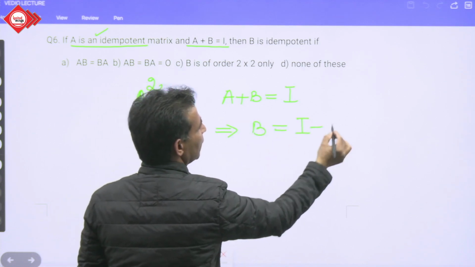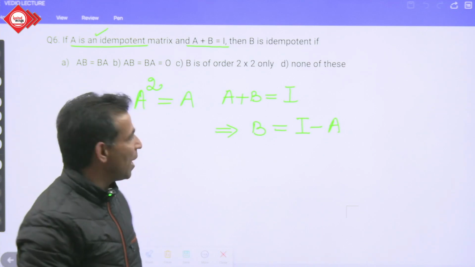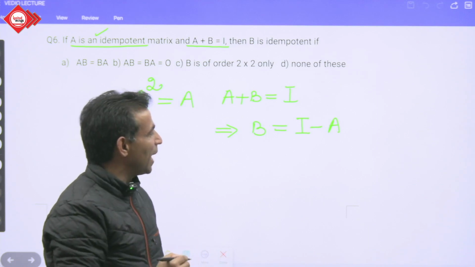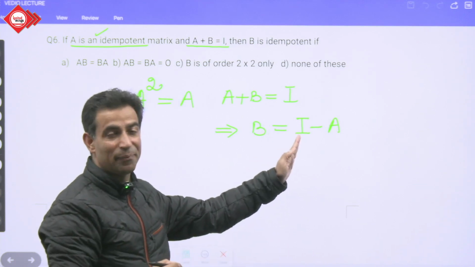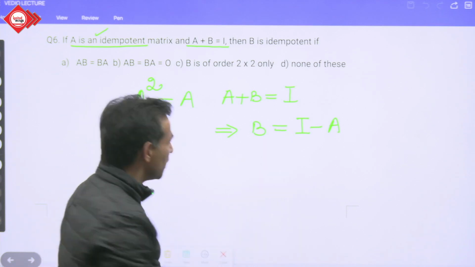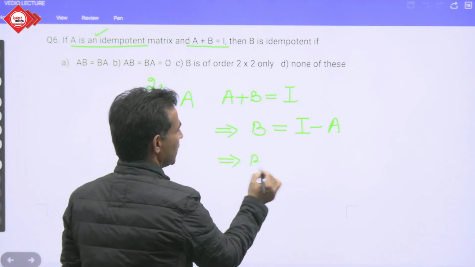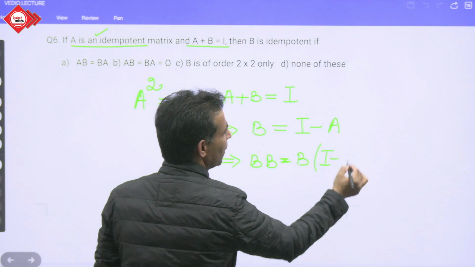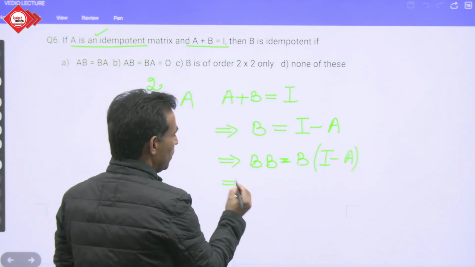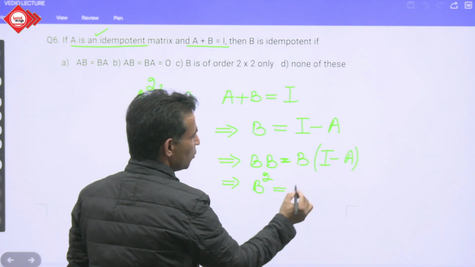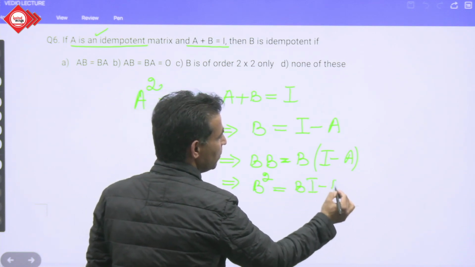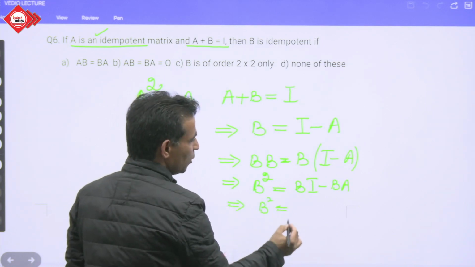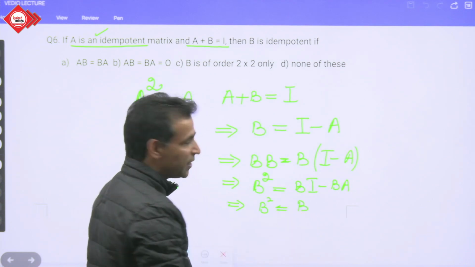You will get B as identity matrix minus A. Let us pre-multiply this equation by B. You will get B into B is equal to B into identity matrix minus A. Well, B into B means B square, which is equal to B into identity matrix minus B into A. This implies B square is equal to B into identity matrix, which is the matrix itself, minus BA.